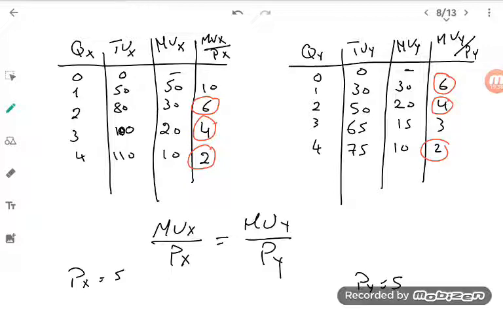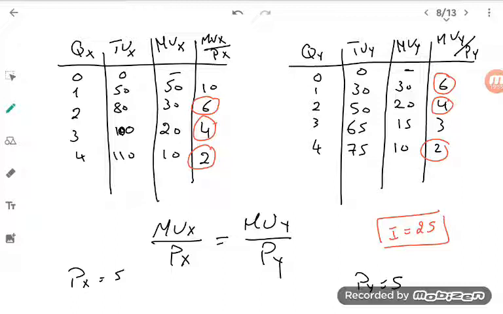If you know that income is 25, what is the combination of X and Y that maximizes satisfaction given your money income?